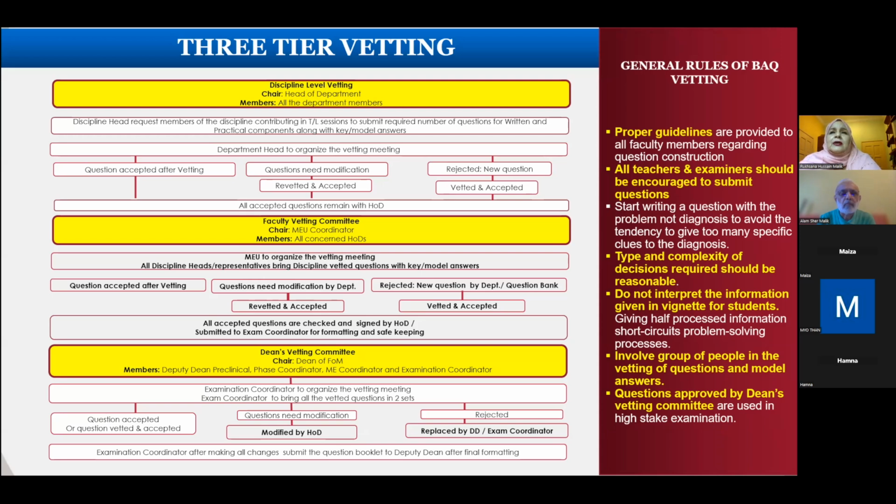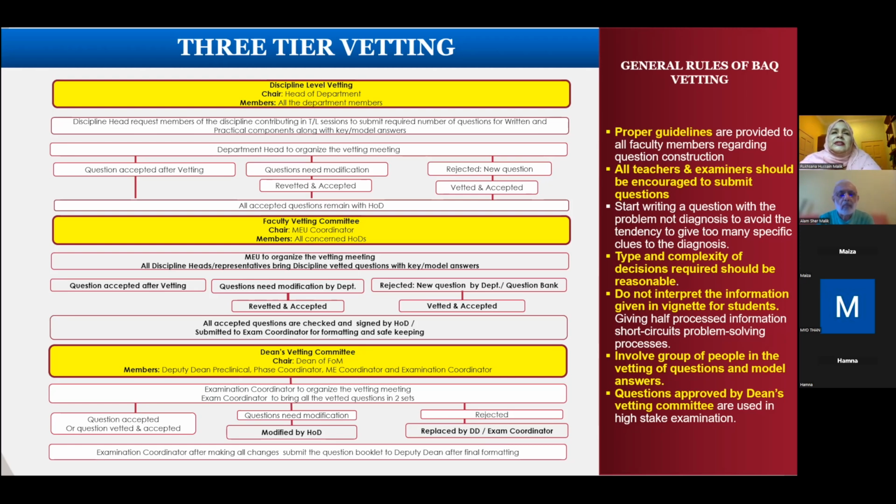After the questions have been prepared, the discipline level vetting will take place, in which those questions are vetted and modified and then revetted, or they will ask for new questions according to the set criteria. All accepted questions then will remain with the head of the department till the time comes to test the students. That will be either the end of the module examination or the professional examination.